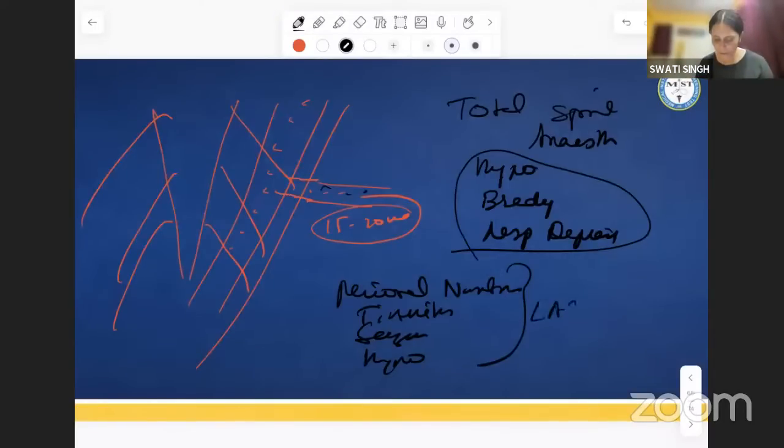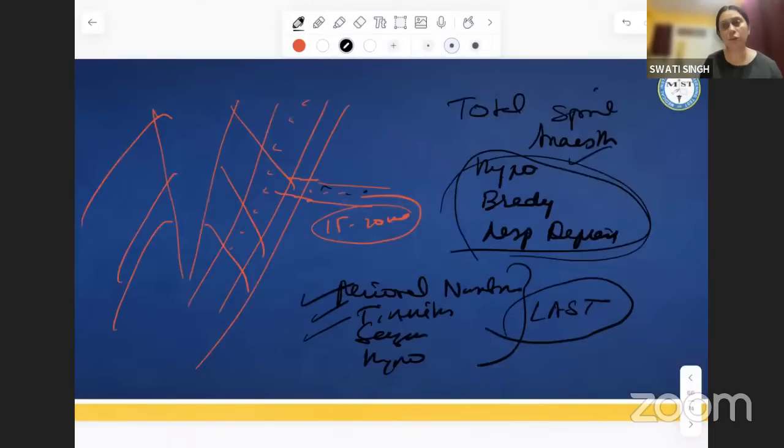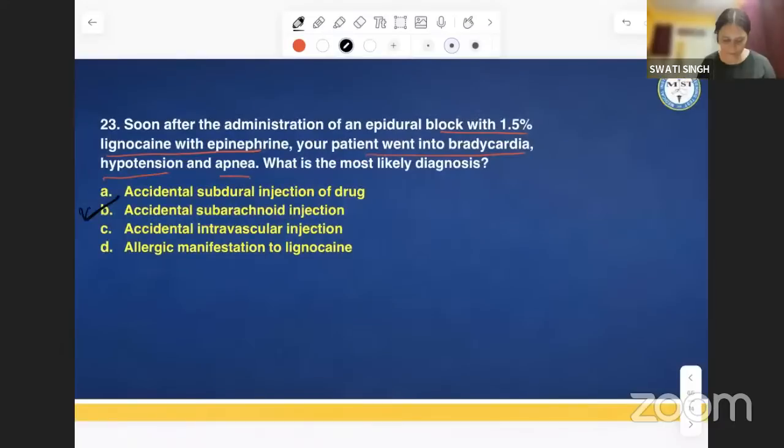So just have to see what symptoms are coming. If it is neuro symptoms, numbness, tinnitus, seizure, then it is local anesthetic systemic toxicity. And if it is hypo, brady, then the answer has to be total spinal. That is, the drug has gone into the subarachnoid space. I hope you know the answer. Answer is accidental subarachnoid injection.